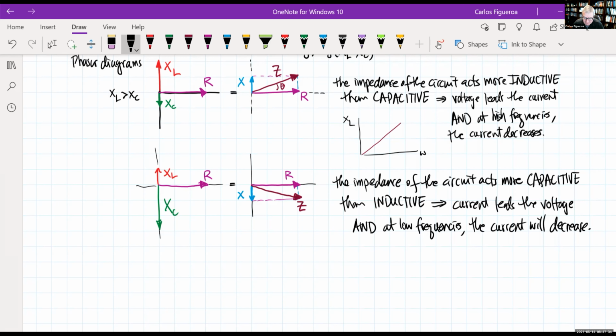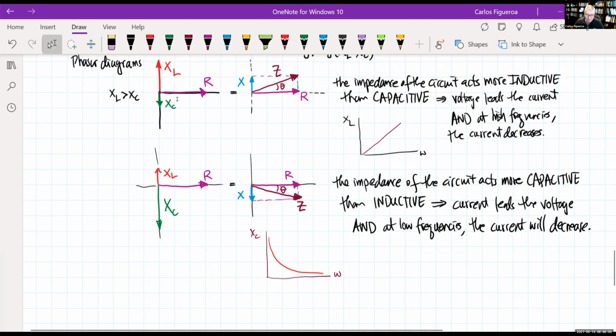Very, very simple vectors. But that doesn't have to be the case. By the way, I should have done this because I did it in the other one. If this is XC and this is omega, we saw that it actually looks like this. That's why the current decreases.